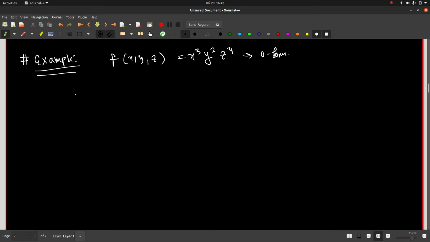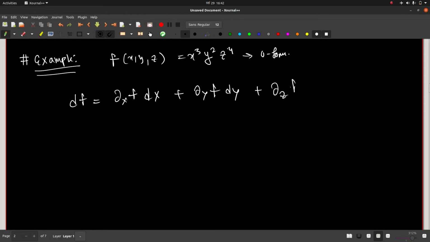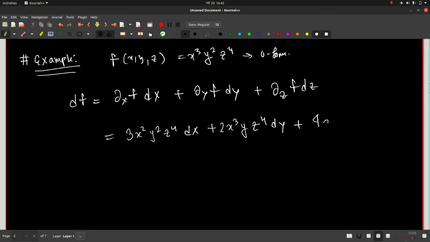So df is pretty easy. This is again ∂f/∂x dx plus ∂f/∂y dy plus ∂f/∂z dz, and this is just 3x squared y squared z to the power 4 dx, and then you have x cubed 2y z^4 dy, and this is just 4x cubed y squared z cubed dz, something like this.